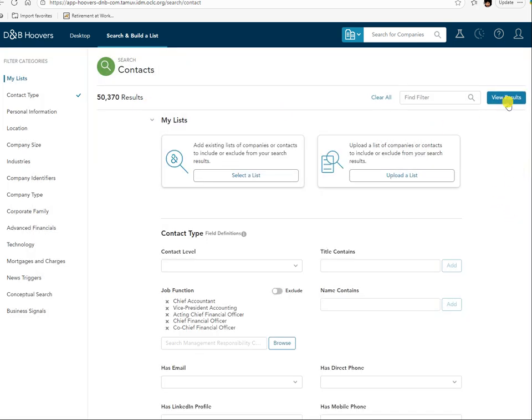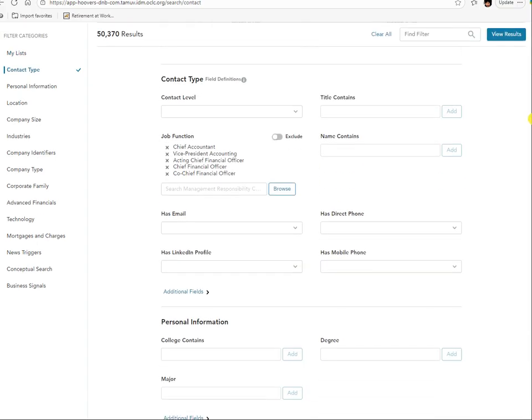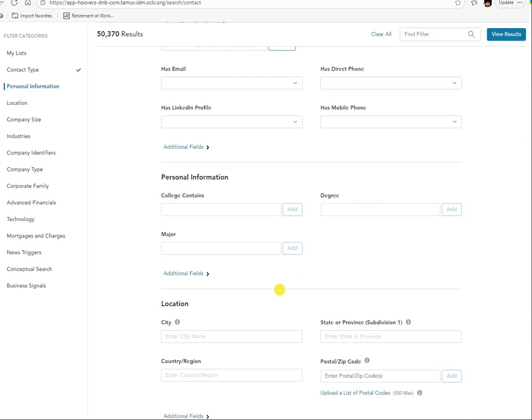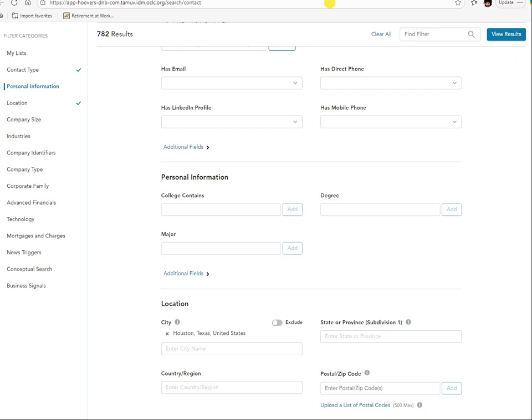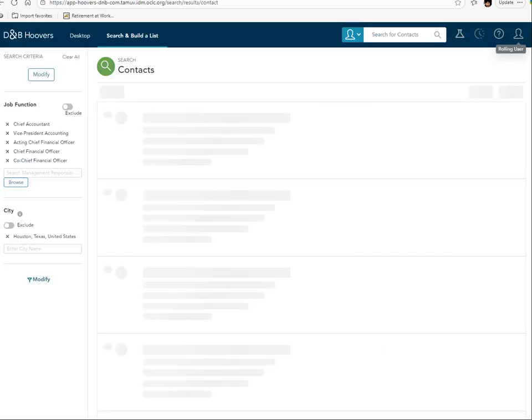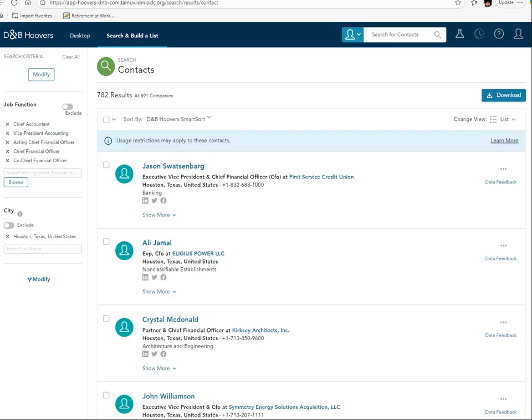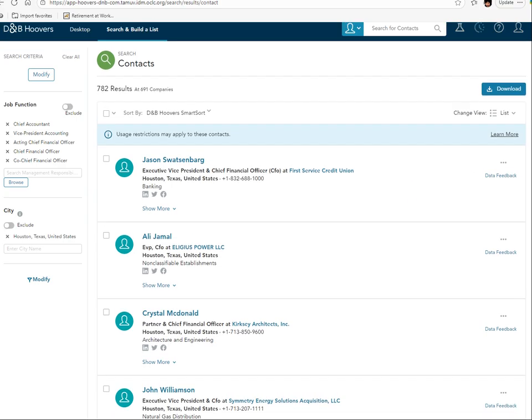So you have a lot of those people, but I want them to be here. Locations in Houston, Texas. All right, so I have 782 results, so that's a pretty good group. I will pull down a long list of those big accounting people here in Houston, and the companies they're working for.